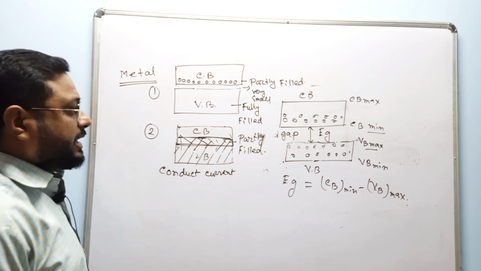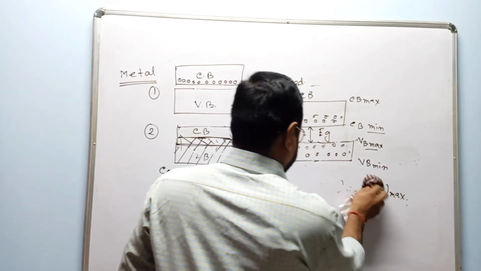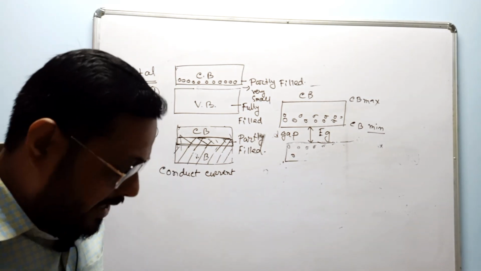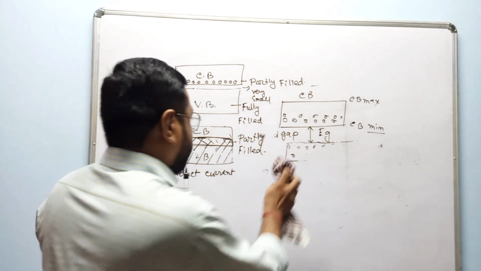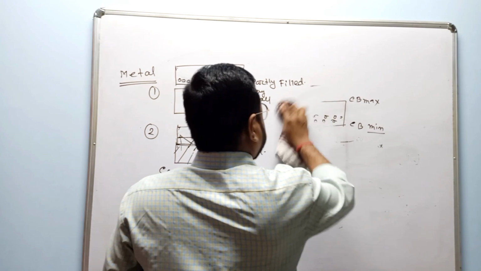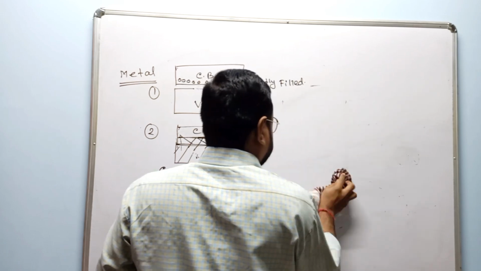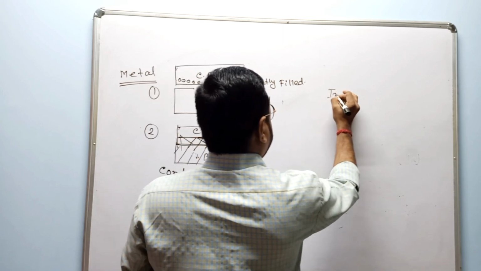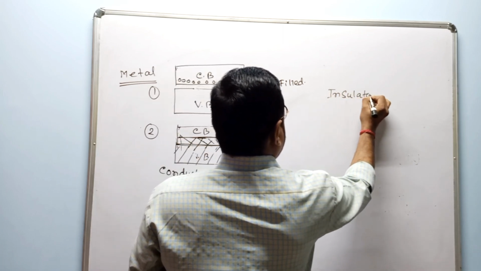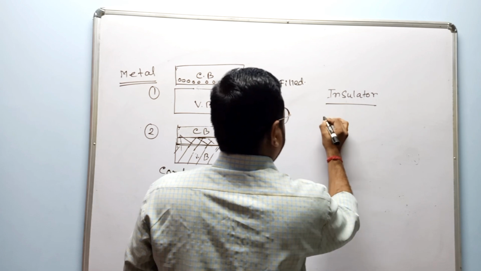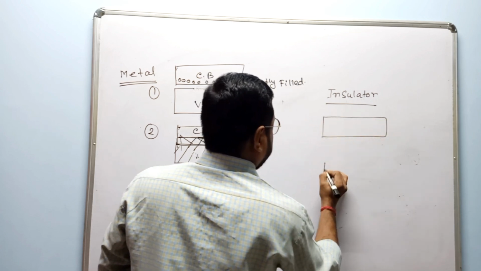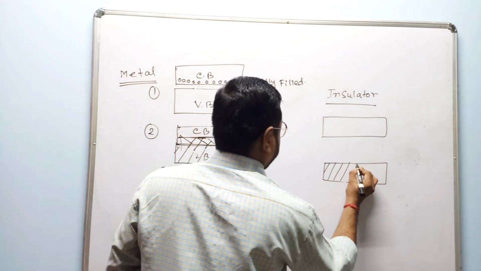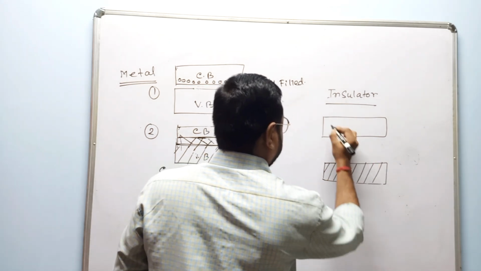But in case of an insulator or semiconductor devices like germanium and silicon, the band gap is large compared to the metal. For an insulator, suppose this is the valence band and this is the conduction band.